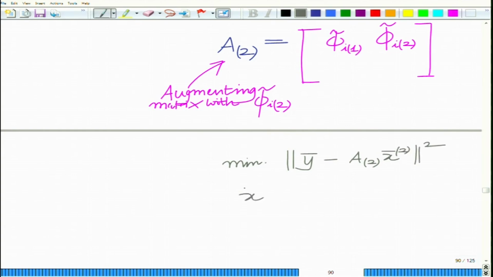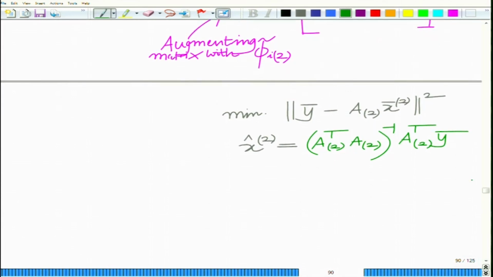Now, you have the basis matrix, you find the best estimate of x bar at the second iteration, the least squares estimate x hat 2, that will be given as, we know the least squares procedure, A2 transpose A2 inverse A2 transpose y bar. So what is this x hat 2?